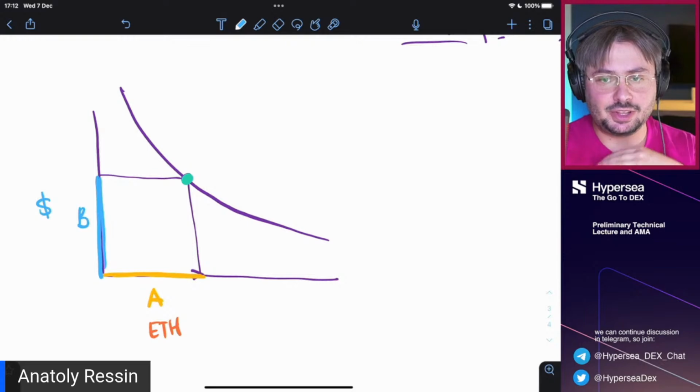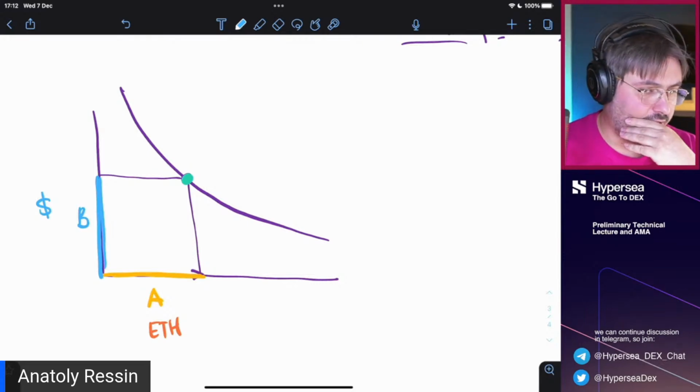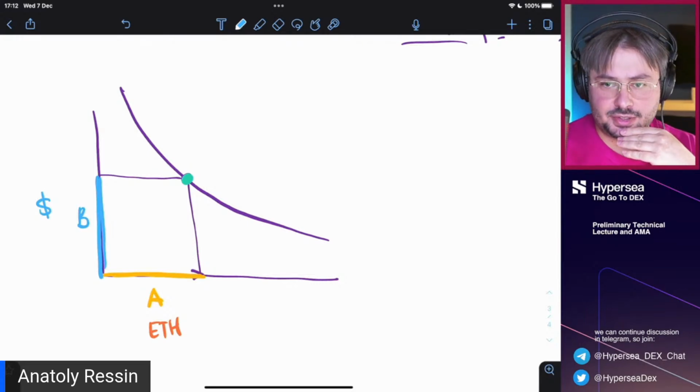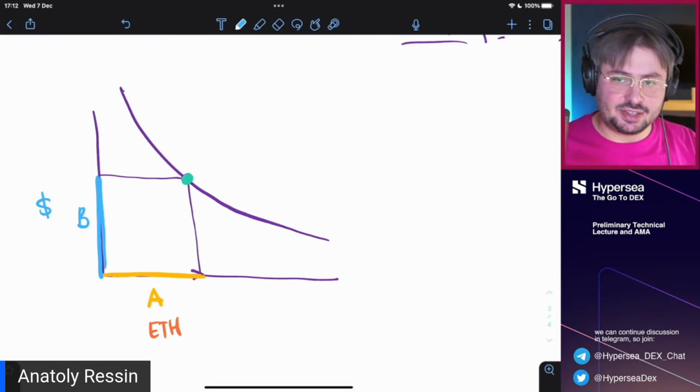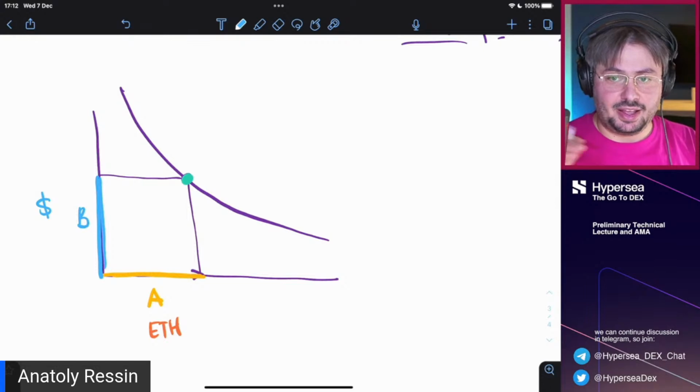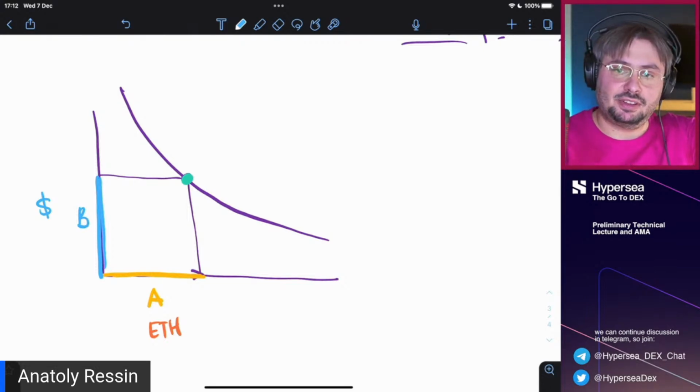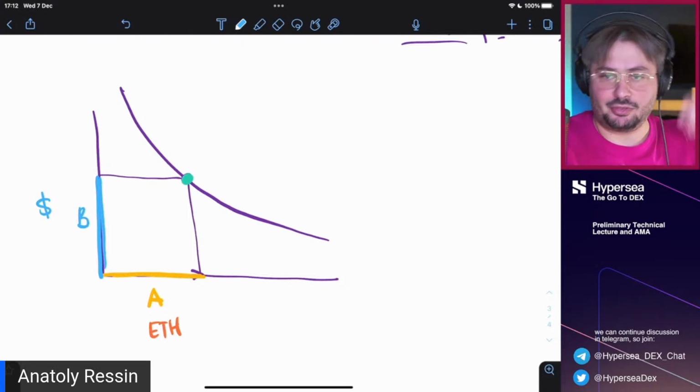The volatile cryptocurrency we will put on the horizontal axis, and the stable one on the y-axis, the vertical axis.